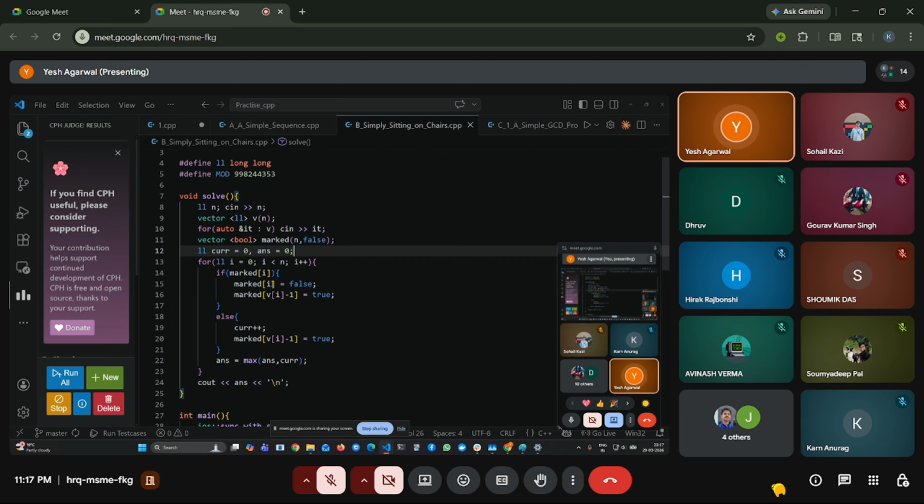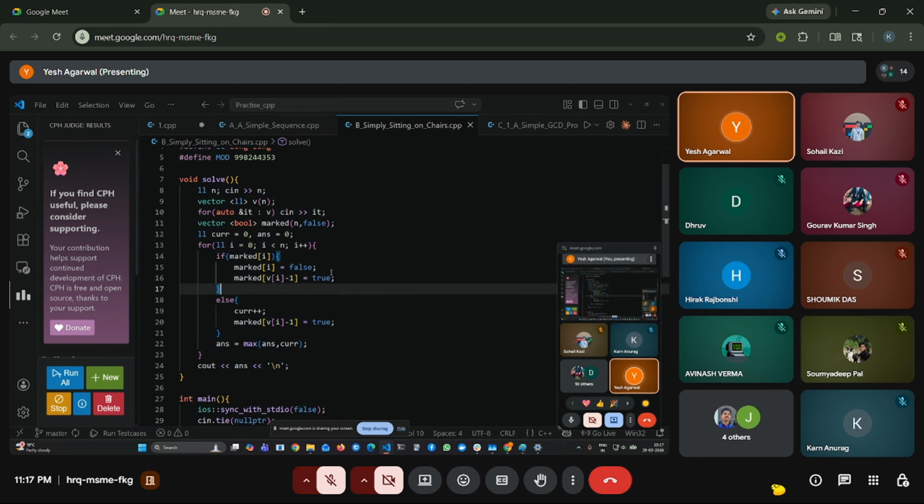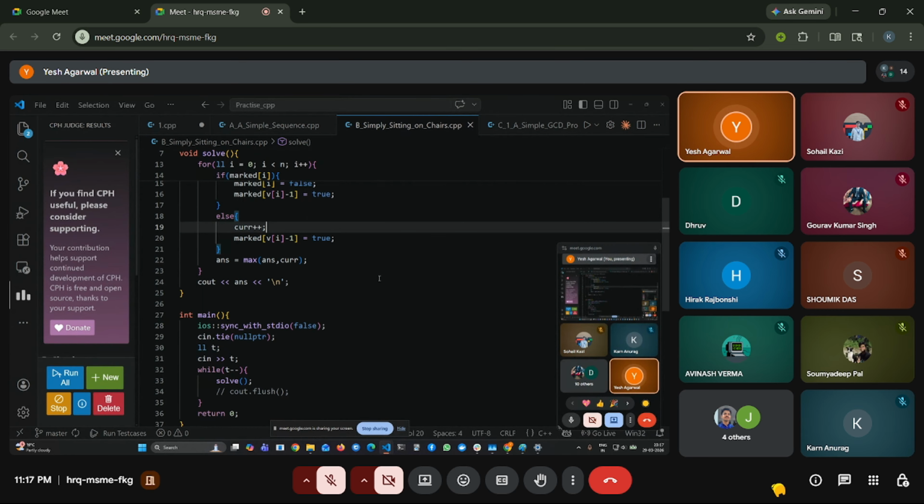If marked is equal to i, if it's marked, then we'll unmark it and we'll mark the chair that this one corresponds to. And if it is unmarked, then we will mark it and the value increases, the number of chairs you have sat on. In this case, it won't increase, neither will it decrease, because we are essentially removing one chair but also adding one simultaneously. So is the explanation clear?